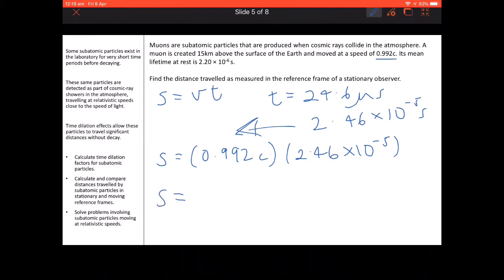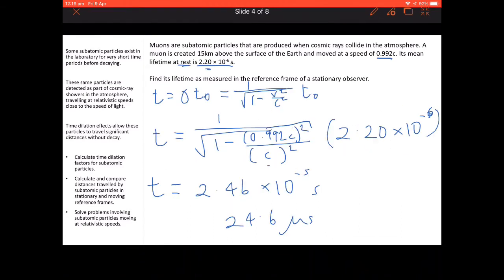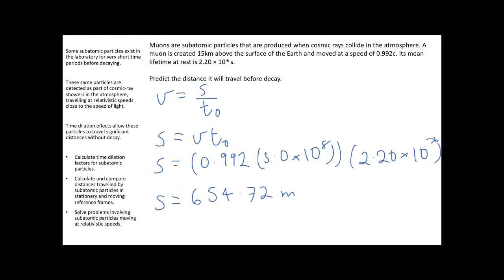Putting all of that into your calculator, you should end up with 7,320.96 metres. So that's the distance the muon travels before it decays according to a stationary observer, so an observer in a stationary reference frame, and that's compared with only 654.72 metres that the muon itself in its own reference frame travels.